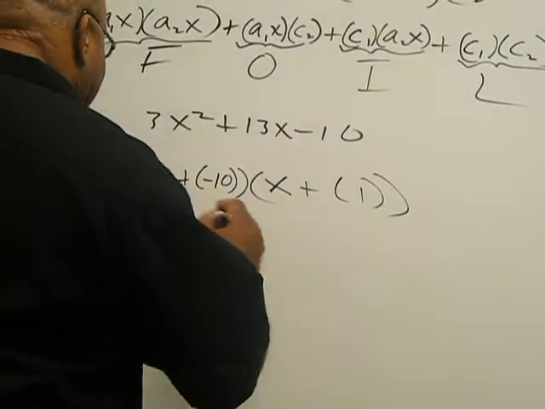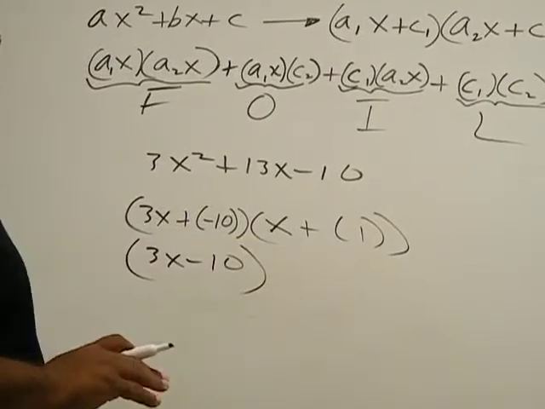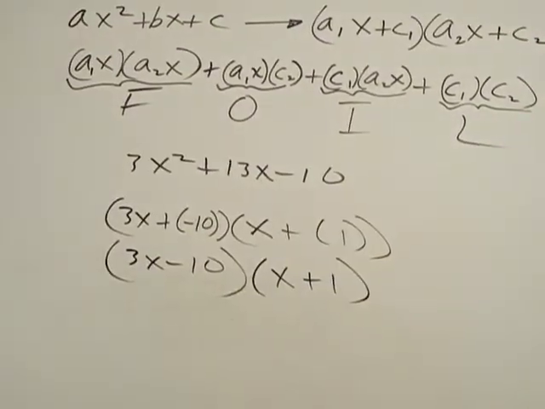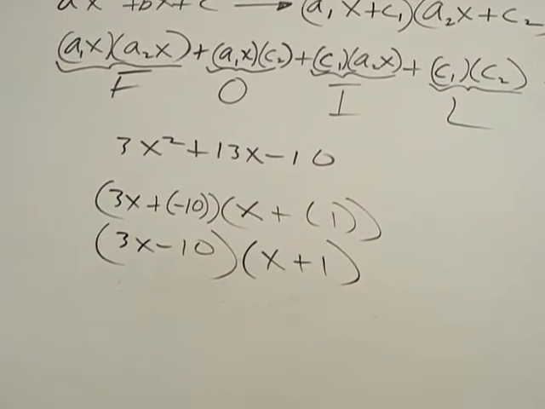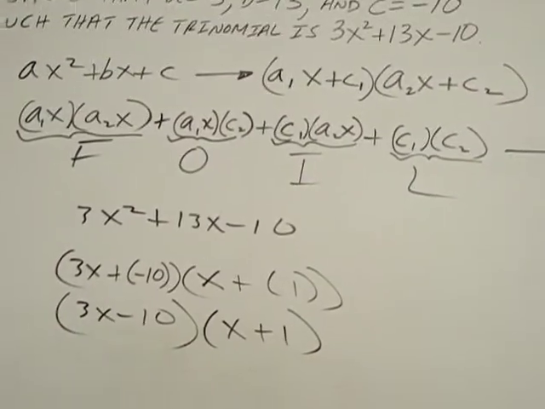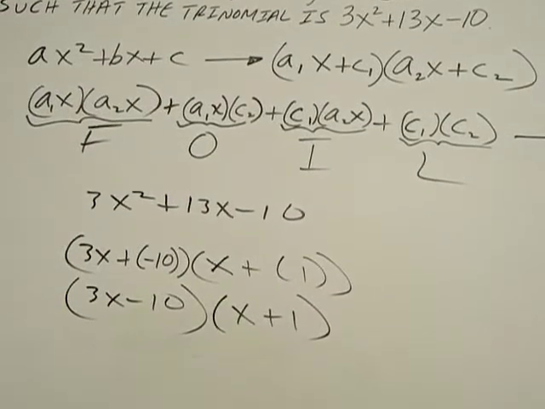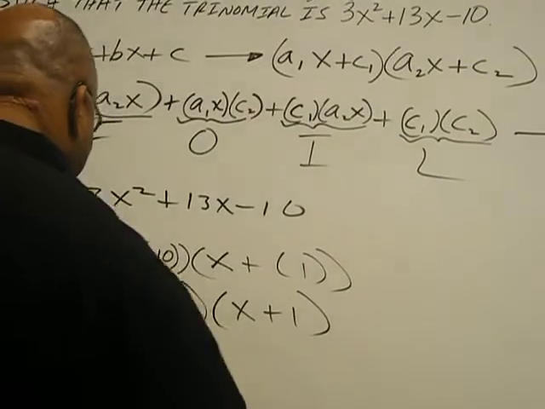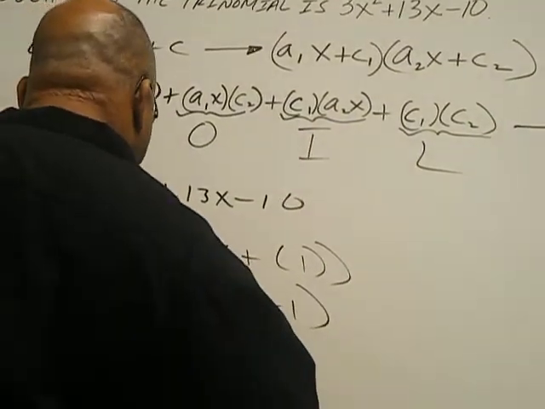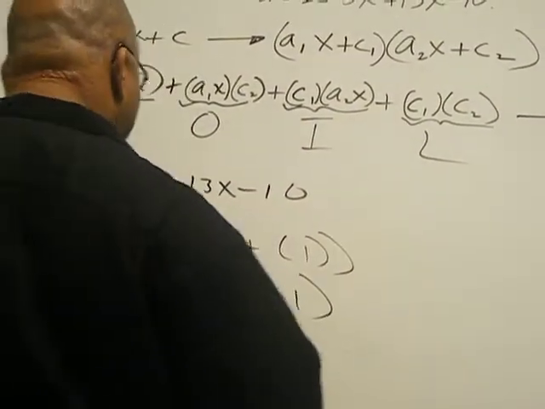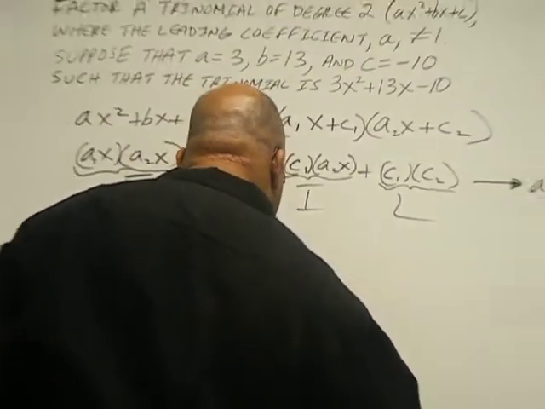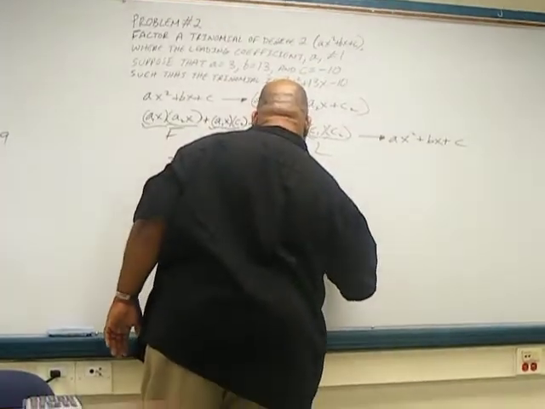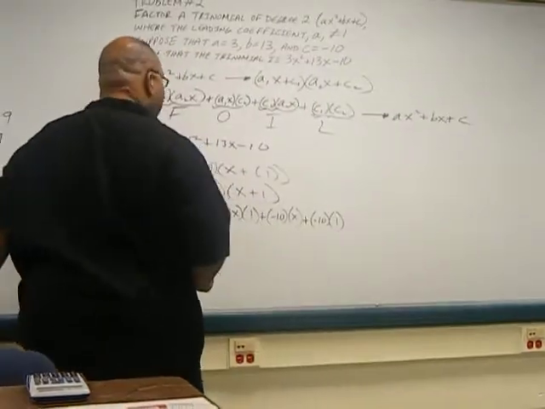So we get (3x - 10) times the quantity (x + 1). Using that FOIL model that I showed you, we're going to multiply the F, the O's, the I's, and the L's together. So doing that, we get 3x times x plus 3x times 1 plus the -10 times x plus the -10 times 1.